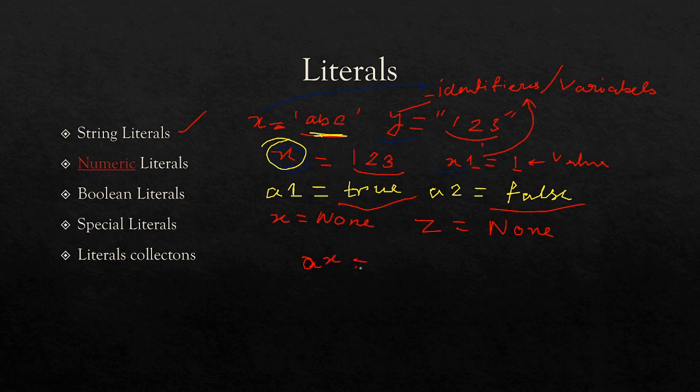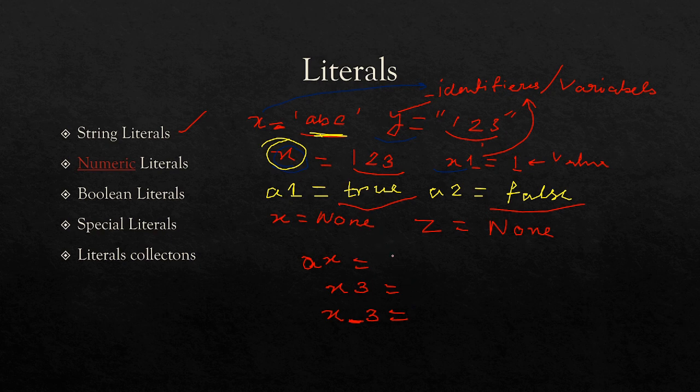I can use an identifier name like this, along with a number and a character, a letter. Two letters also I can use. I can use an identifier name like x underscore 3. That means underscore is a valid symbol that we can use inside our identifier in Python.